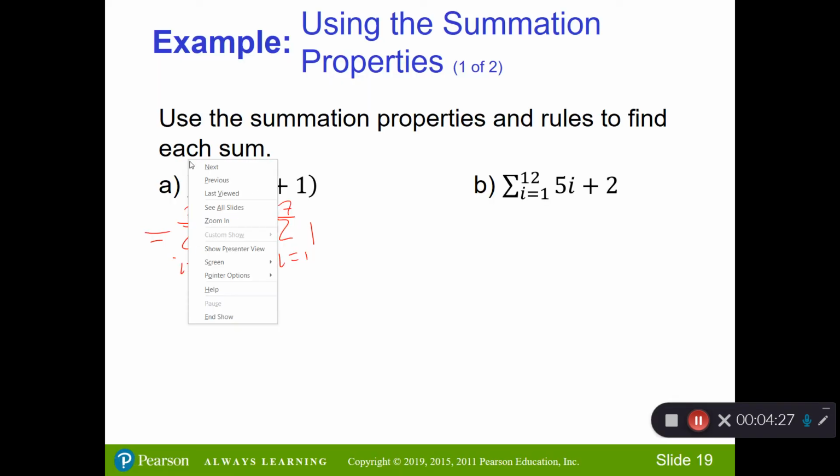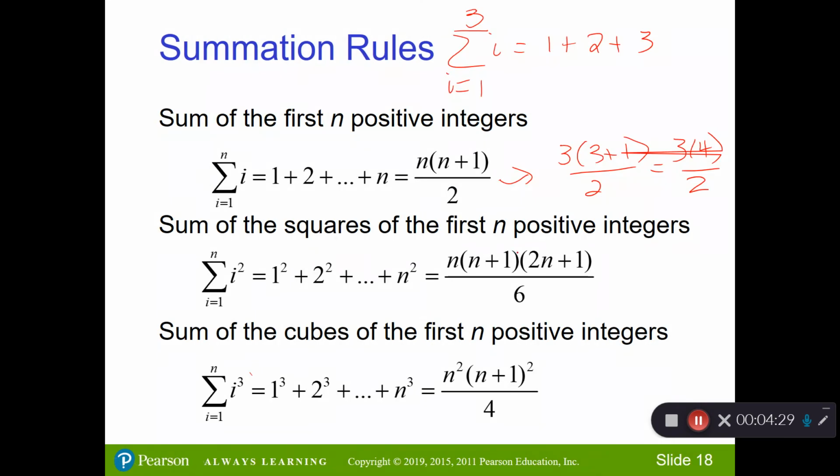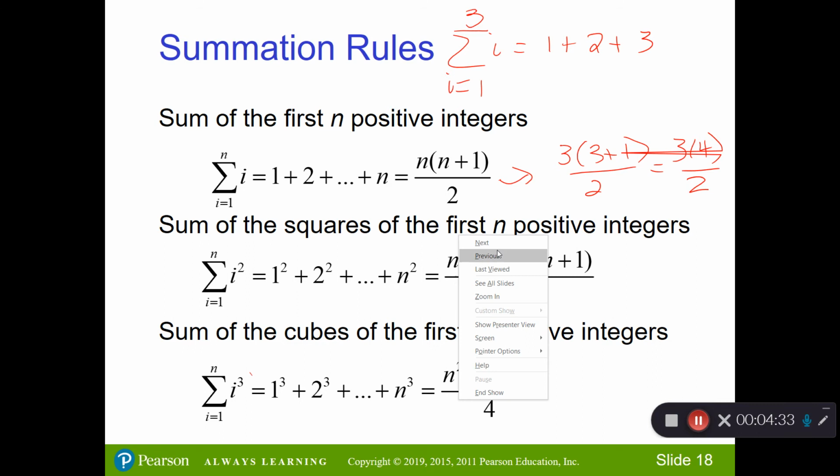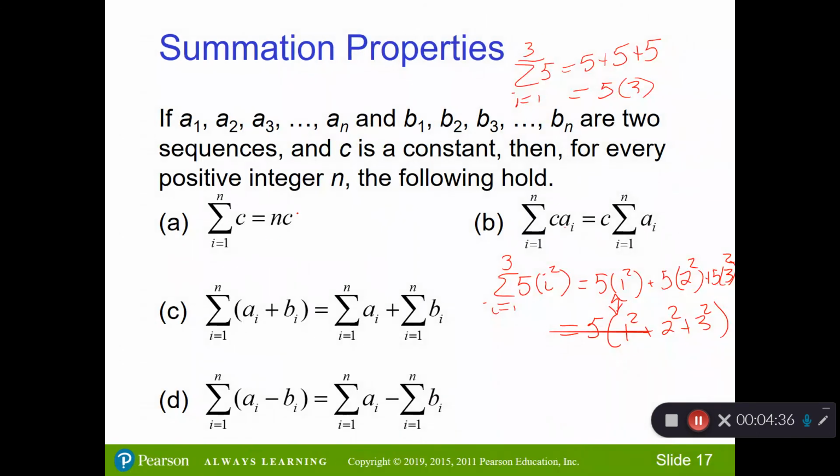Now, the i squared, I'm going to use this formula. And the 1, I'm going to use this formula. My c is a 1 and the n is the top there.